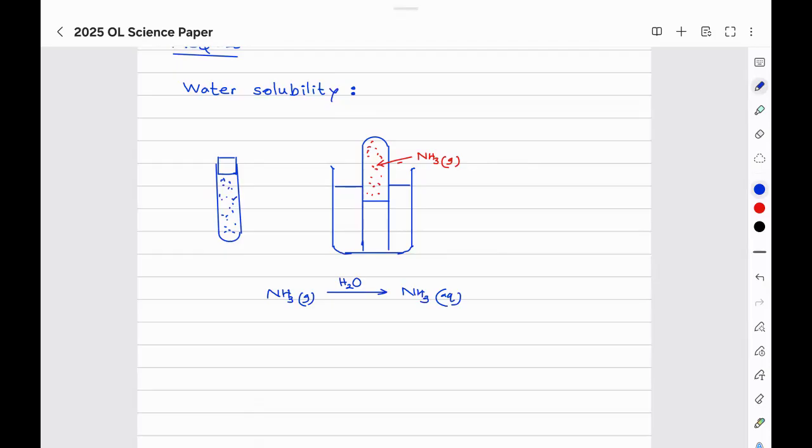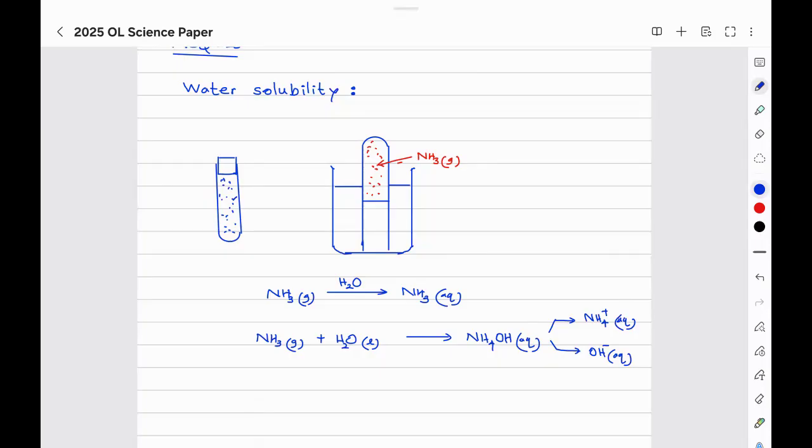Or else we can say that when ammonia gas is dissolving in water, it is producing ammonium hydroxide aqueous, which is a weak base. And then ammonium hydroxide separates into NH4+ aqueous cation and OH- aqueous anion in this way, right?